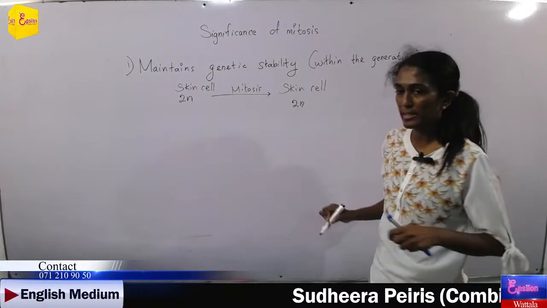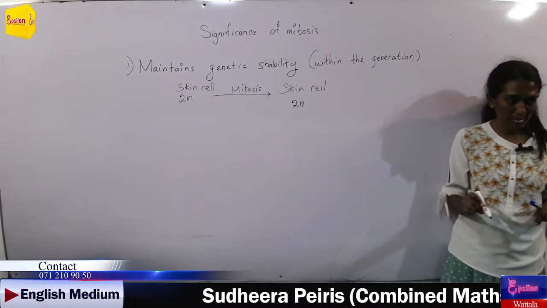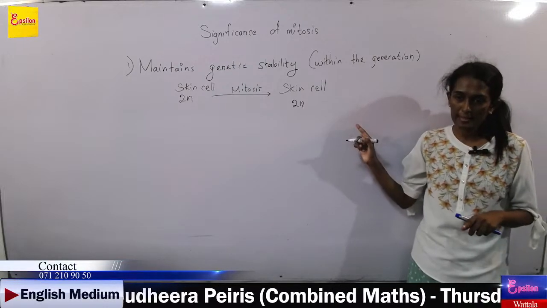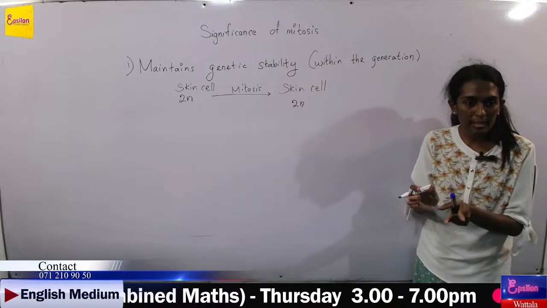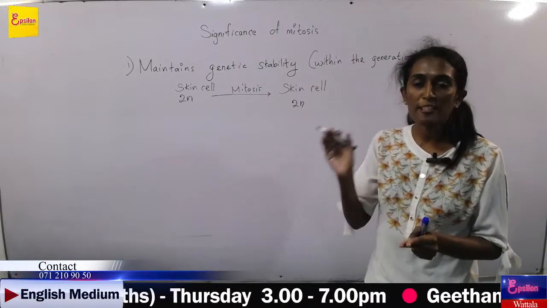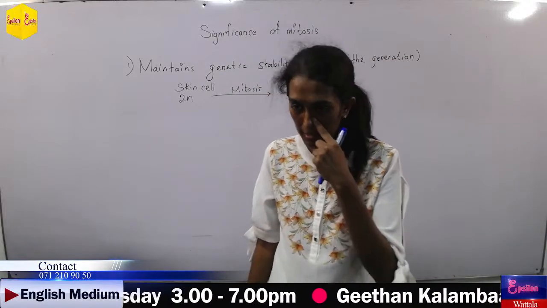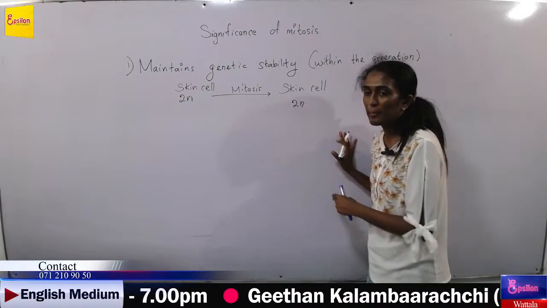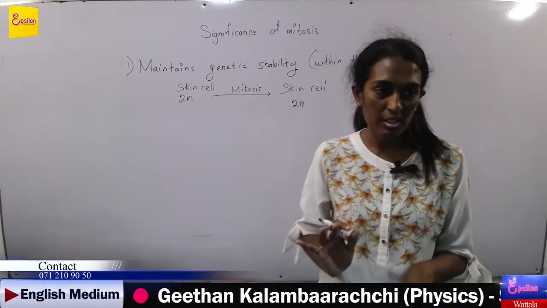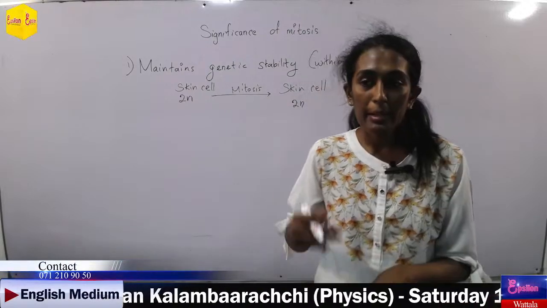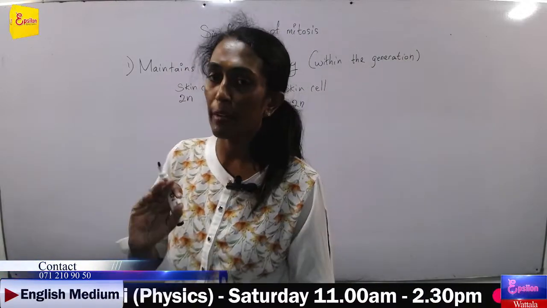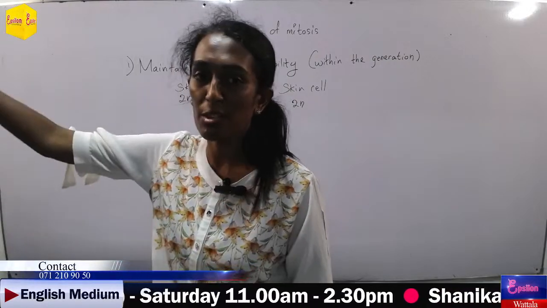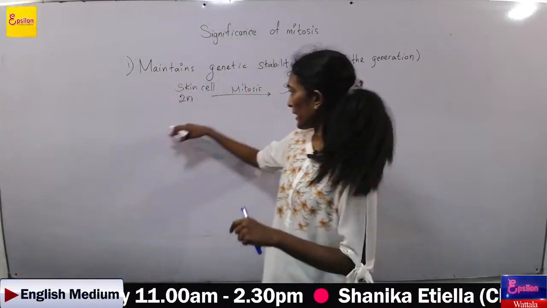Still they should maintain the same number of chromosomes, 46 to 46, right? Otherwise what would happen? Genetic stability is lost if it does not have 46 chromosomes. Understood now? So mitosis helps in doing that within the generation. And meiosis helps to keep the constant number of chromosomes from one generation to another generation. Write down the first one.